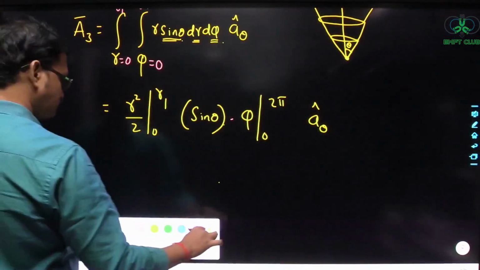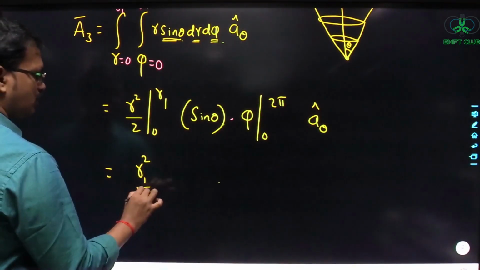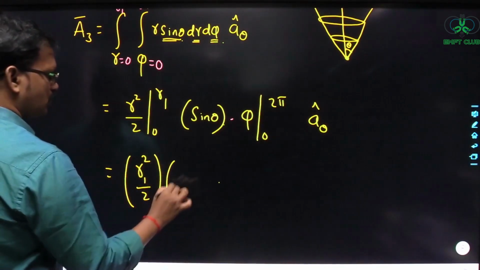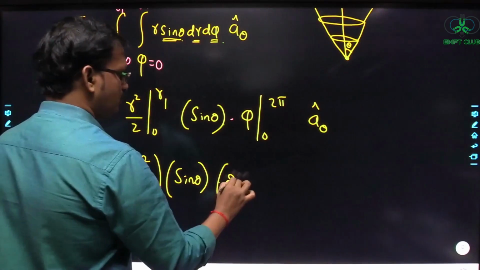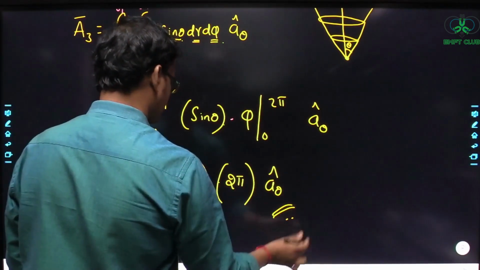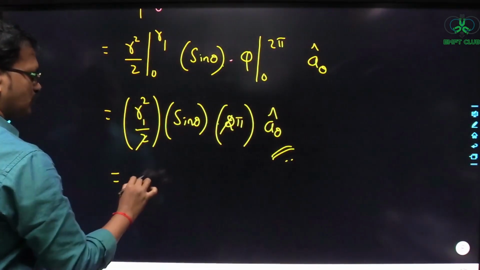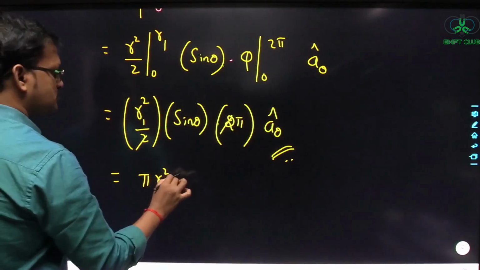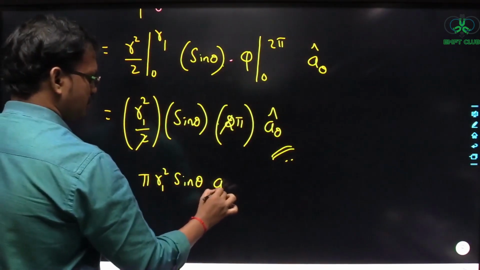Next, here you are going to get r1 square by 2 into sin theta into 2 pi, a theta cap. Here the 2 will get cancelled, so you are going to get pi r1 square sin theta a theta cap.